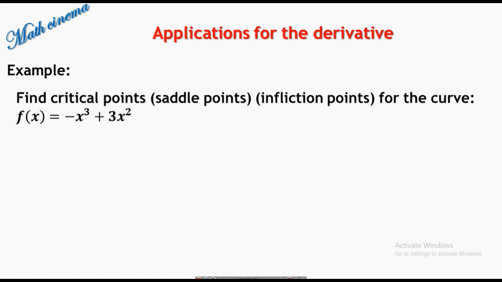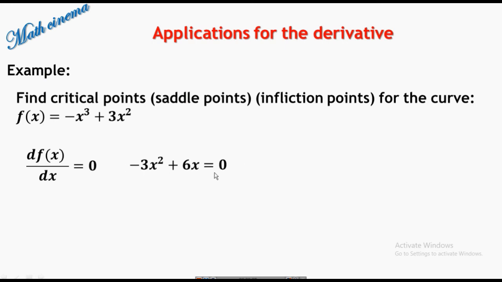So find the critical points for the curve f of x equals negative x power 3 plus 3x power 2. So first you are going to find the first derivative and make it equal to 0. So the first derivative is negative 3x power 2 plus 6x equals 0.